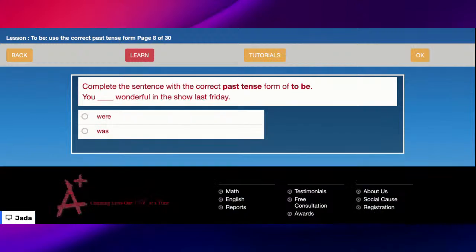You dash wonderful in the show last night. What's the best answer here? You were or you was? What is the best answer here?